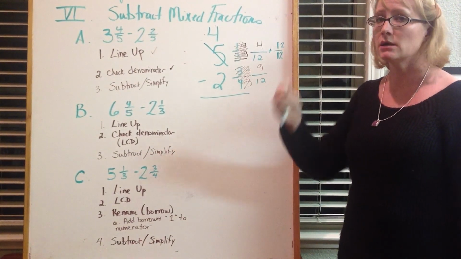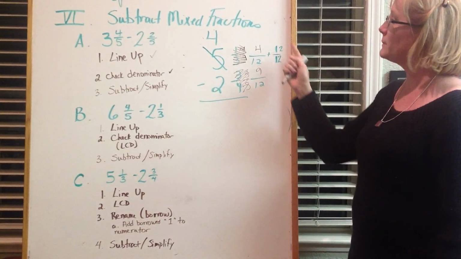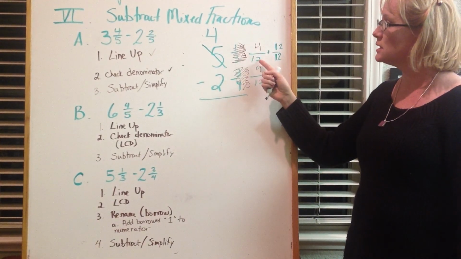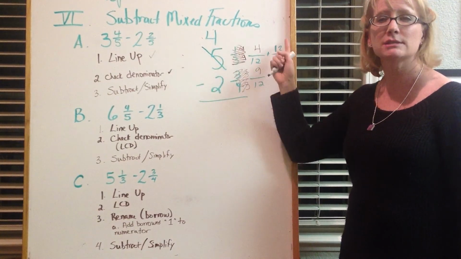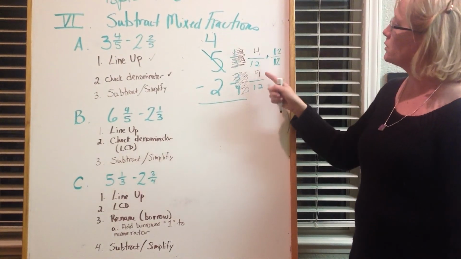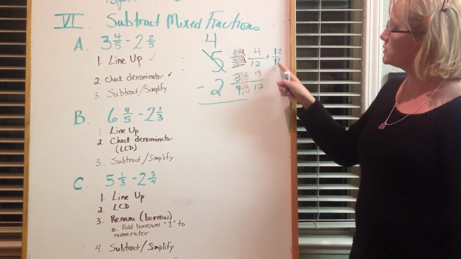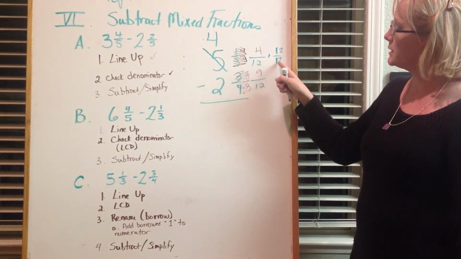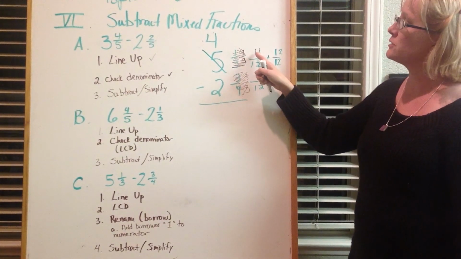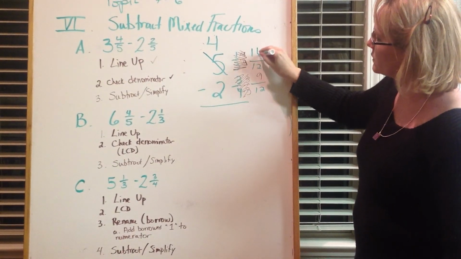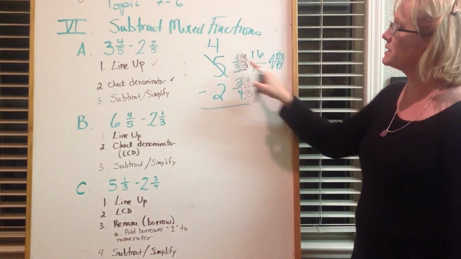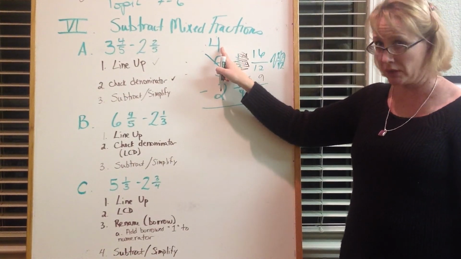How much is 12 over 12? It's a 1. So what am I really adding to my 4/12? I'm really adding to it the 1 that I borrowed. It just looks different. So 4/12 plus 12/12, I just rewrite my denominators and I add my numerators. 4 plus 12 is 16. So this is now 16/12, because I borrowed 12/12 from here.